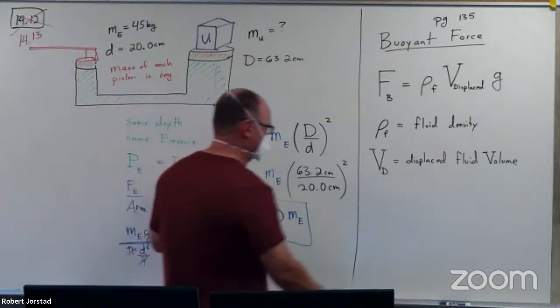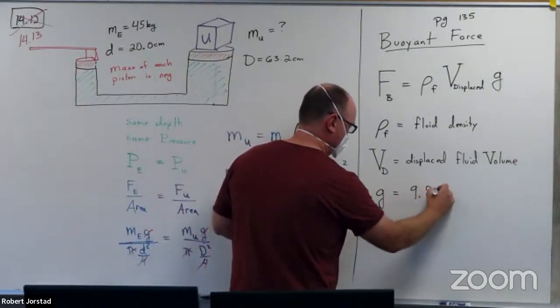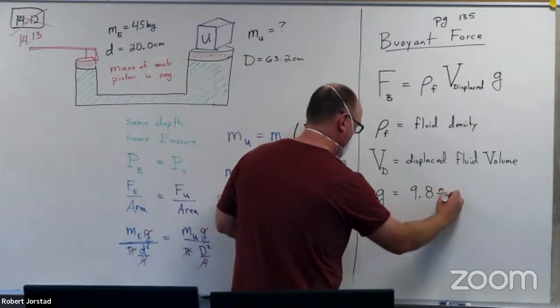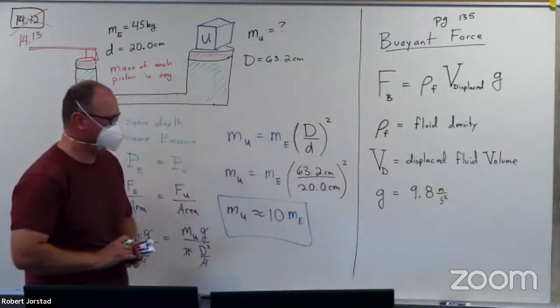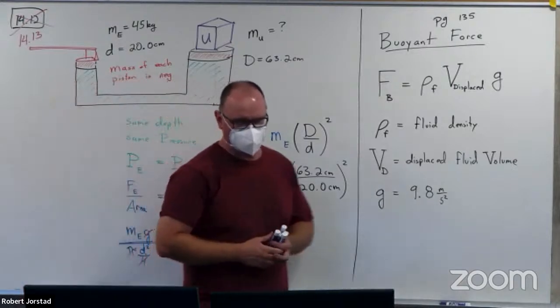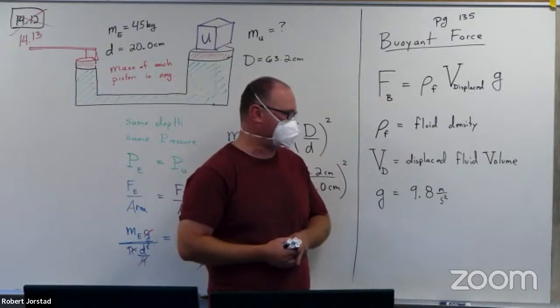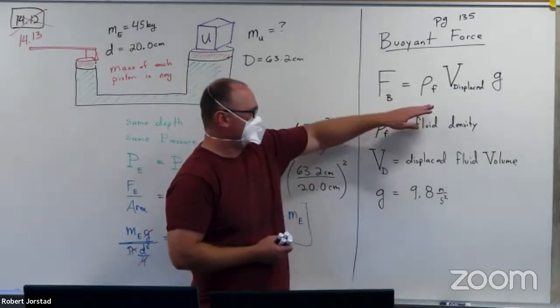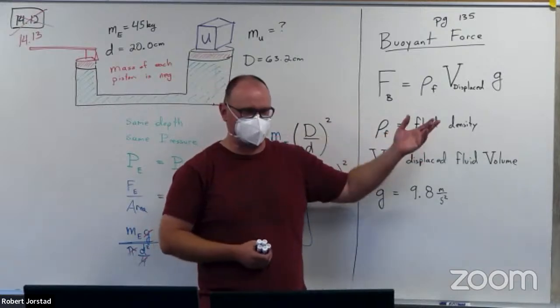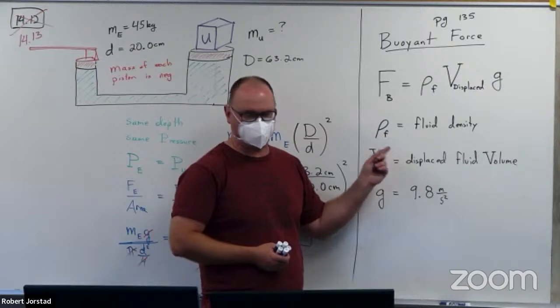G is your old friend. Little g. Okay. These problems should be hella easy. And in fact, they end up being confusing for reasons I'm about to show you. Getting a number for fluid density, that's just a number. G is a number. All the confusion comes with the displaced fluid volume.